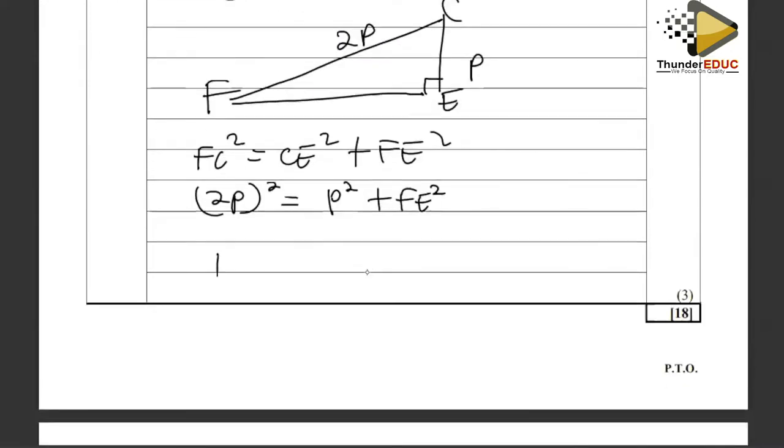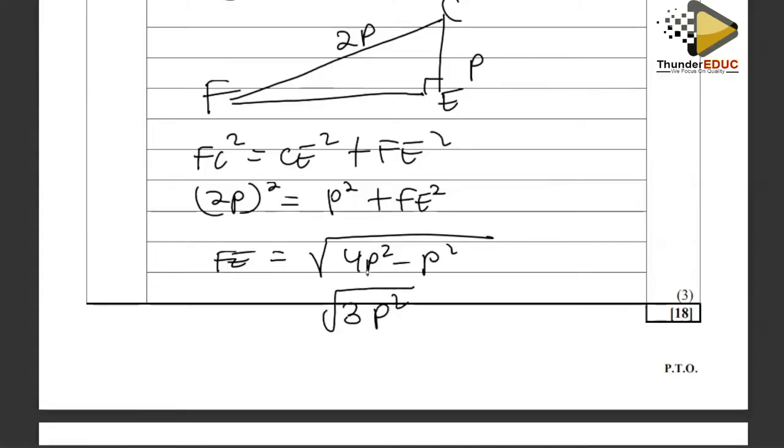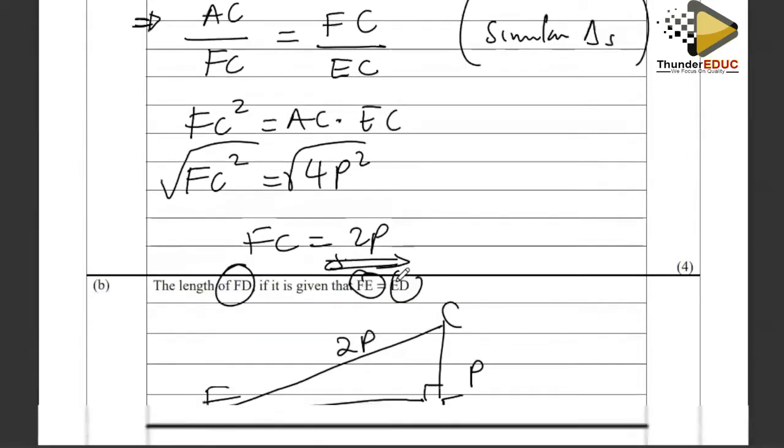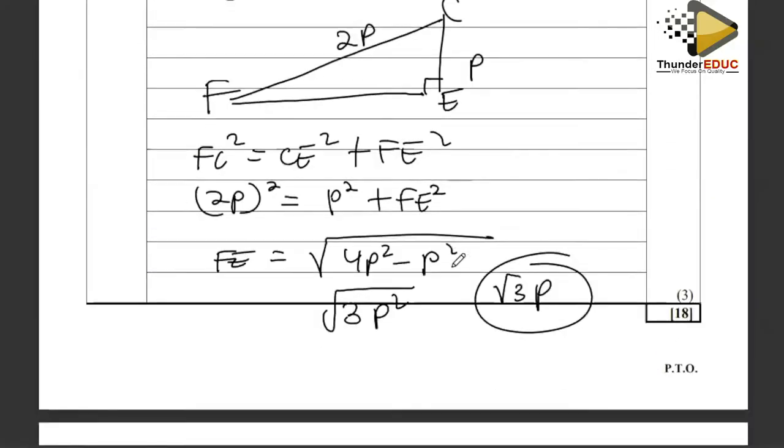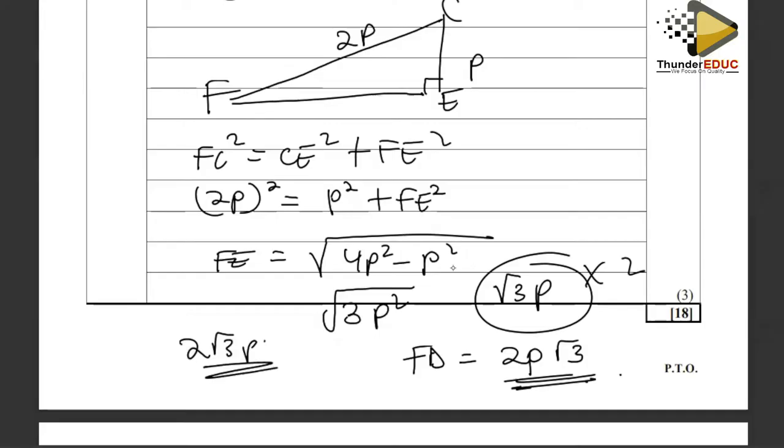So meaning that our FE alone is going to be the square root of 4P squared minus a P squared, which gives me a 3P squared, and a square root, which is the same as root 3 of P. Okay, but that is just FE. They told us FE is the same as ED, okay? Meaning that our FD should be twice, okay? Multiply this by 2. So 2P square root of 3. That becomes my answer. Or someone can say 2 root 3 with a P. It's still the same thing.